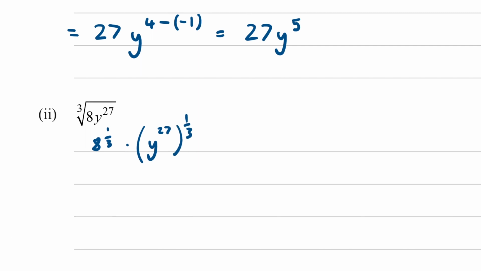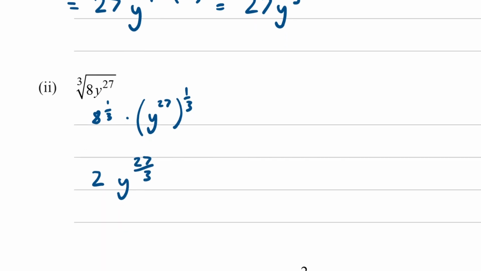And now 8 to the power of a third, you can just cube root 8 or do it on your calculator. We get 2. And now y to the 27 to the power of a third is y to the 27 over 3, which simplifies to y to the power of 9. So the answer is 2 times y to the power of 9.